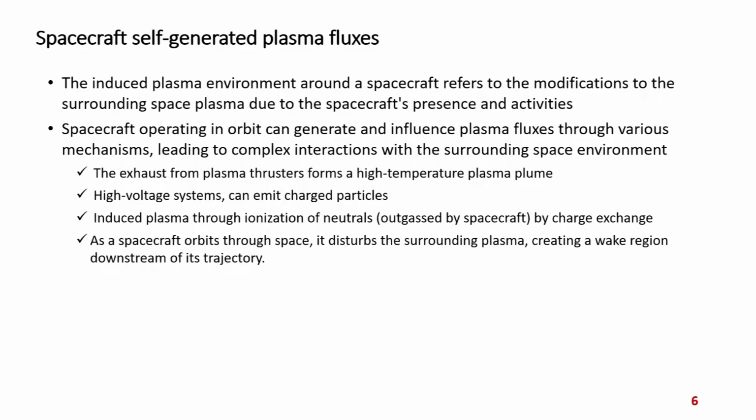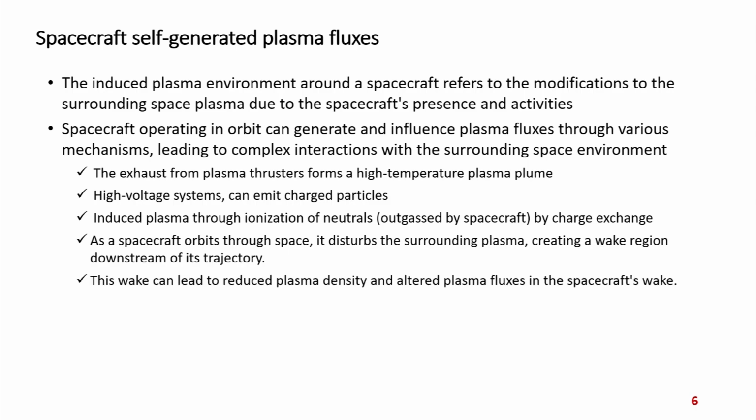Then when the spacecraft is orbiting in space, it disturbs the surrounding plasma. So, what is happening? It creates a wake region. Wake region means it is opposite to the ram side. Because of this, the plasma density will vary. In the wake region the plasma density will be lesser.